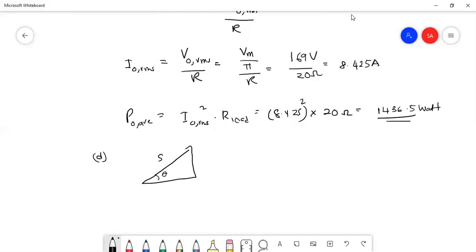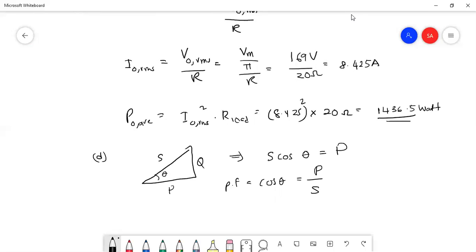This is your apparent power S, usually referring to the source, this is your P, and this is your Q. From this triangle, we can derive the formula cos theta equals P over S, where cos theta is the power factor.